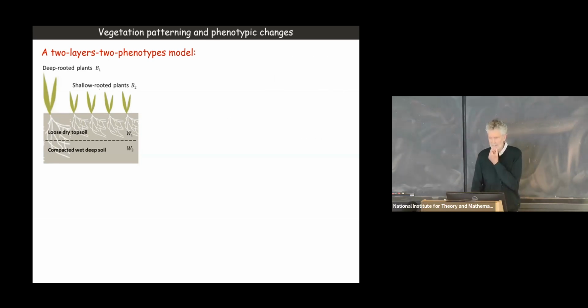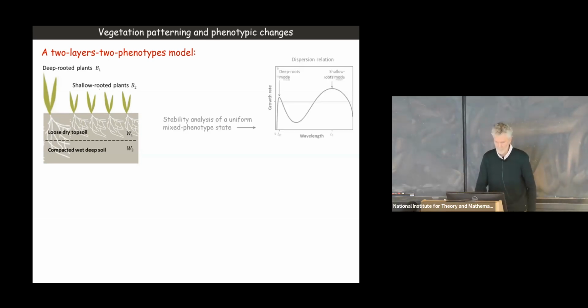And in the equations, we have terms that describe transitions from the shallow-rooted to the deep-rooted plants, provided W2, which is the soil water content in the deep soil layer, is higher than W1, the soil water content in the top layer.